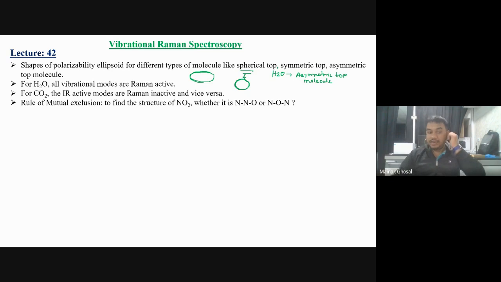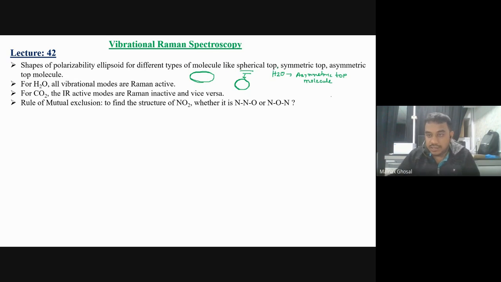It was shown that for water, all vibrational modes are Raman active, because all of them have d alpha by dQ not equal to 0, which is the condition for Raman activity. But in the case of CO2, the IR active modes are actually Raman inactive, and vice versa.